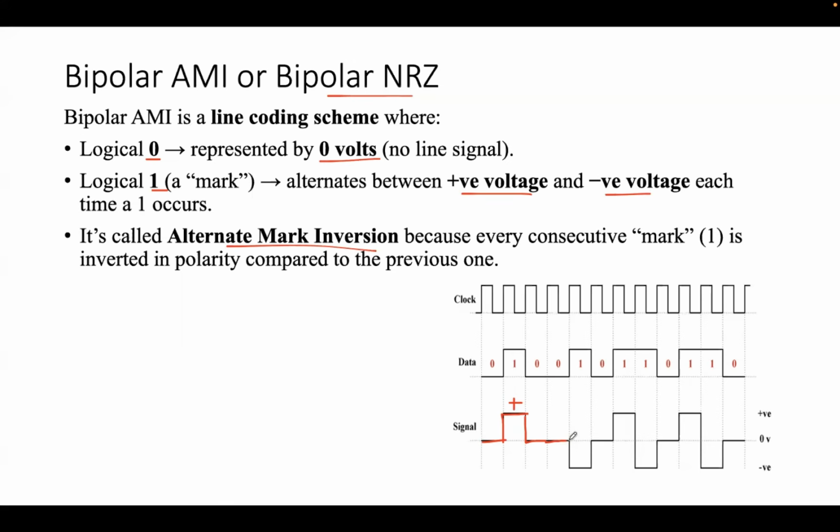So for the second one it should be negative. Whereas for 0 again it remains 0. If it is 1, for the third one it should be positive because the previous one is negative. For 0 it is 0, and so on.